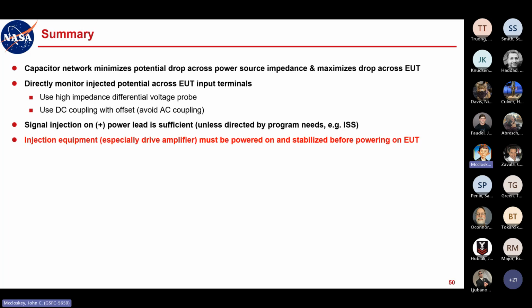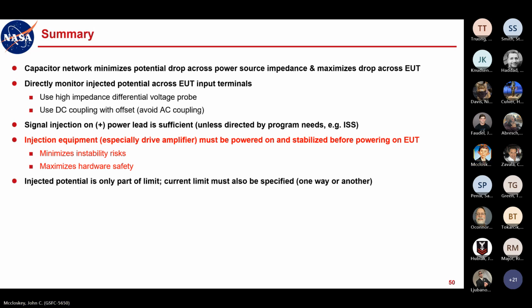Here's the biggie. They're all tied for first place, but this one's extra first place. Injection equipment, especially the drive amplifier, must be powered on and stabilized before powering on the EUT. It minimizes instability risks, and it maximizes hardware safety, which I think is what everybody wants. The injected potential is only part of the limit.